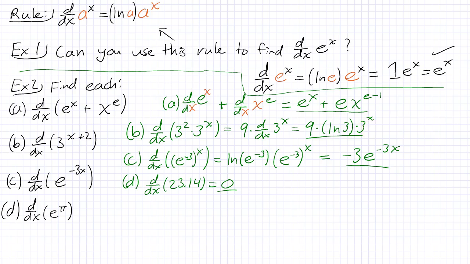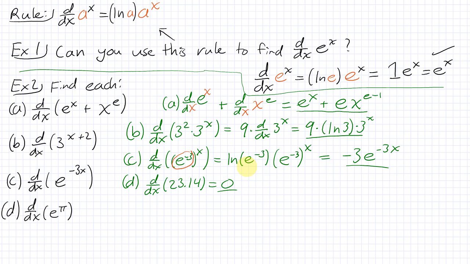Part C, let's see, the trick with this one, so that we can use this rule to write it as something to the power x, is to notice that e to the power negative 3x is the same thing as e to the negative 3, and then to the power x. So it's written as something, e to the negative 3, to the power x.